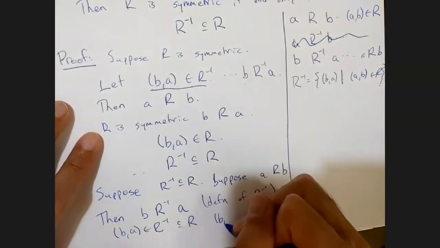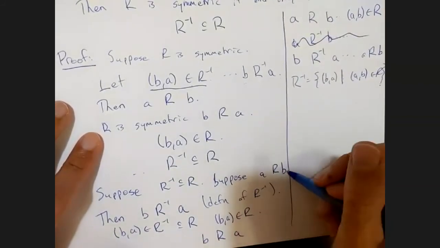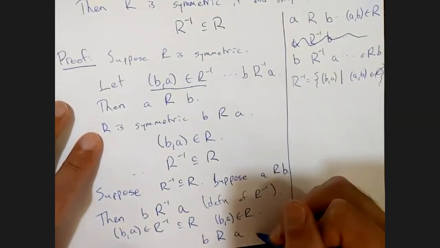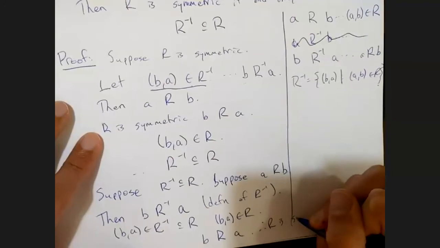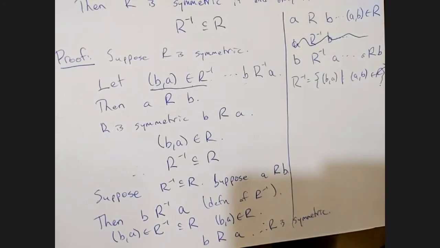But that just means B is related to A. Okay, so therefore, if A is related to B, then B is related to A, and so R is symmetric. And so we have written out the definition of symmetric. Maybe that just helps us unwrap what's going on with everything, I hope.